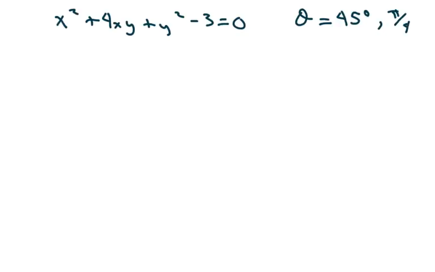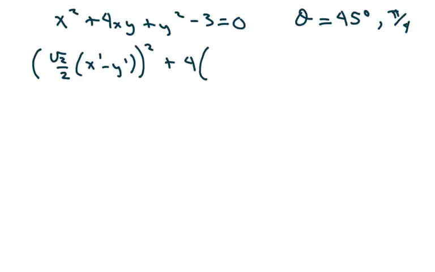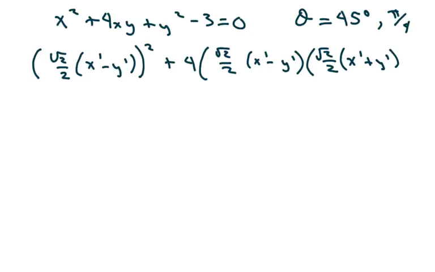Now, I'm going to substitute in x was square root of 2 over 2 times x prime minus y prime, and this is squared, plus 4 times square root of 2 over 2 x prime minus y prime, and then times your y, which is square root of 2 over 2 x prime plus y prime.